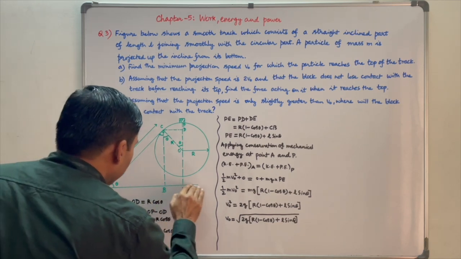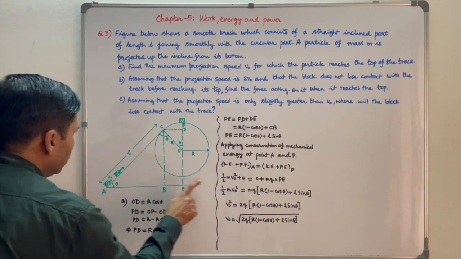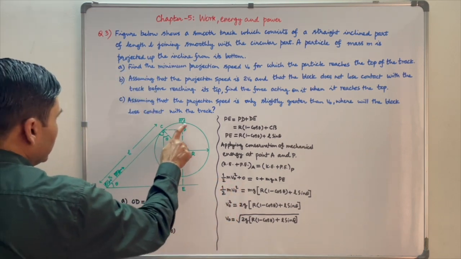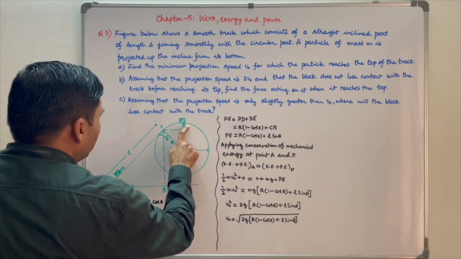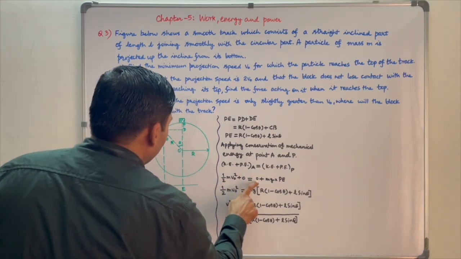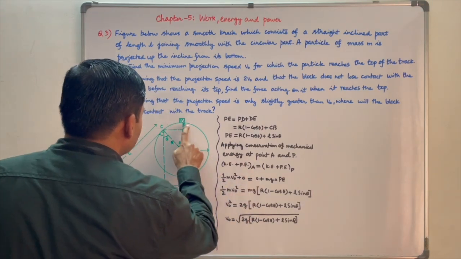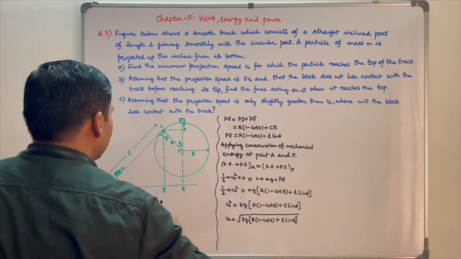Suppose this is reference line. So potential energy of the particle at point A is 0. Kinetic energy of the particle at point P is 0 because particle stops there. So kinetic energy at P is 0. And potential energy at point P is equal to mg into this height PE.